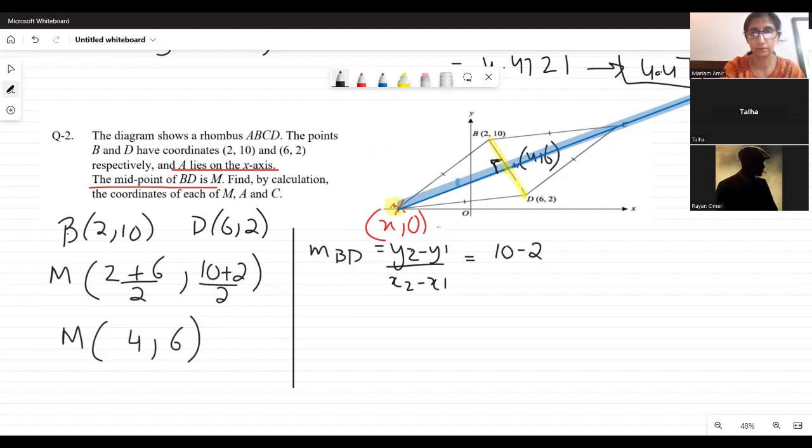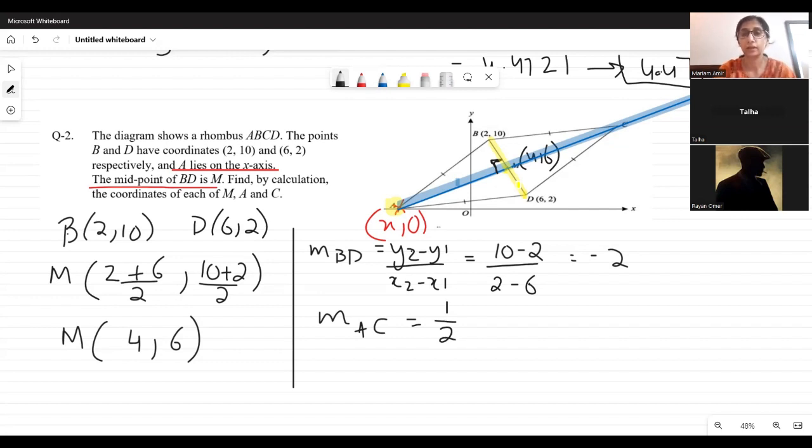It's minus 2. Yes, 10 minus 2 over 2 minus 6 would be minus 2. So then, what is the slope of AC, which is perpendicular to this? Exactly, half, from the concept of negative reciprocal. Yes, so that's half. Now, how can you find the equation of line AC?